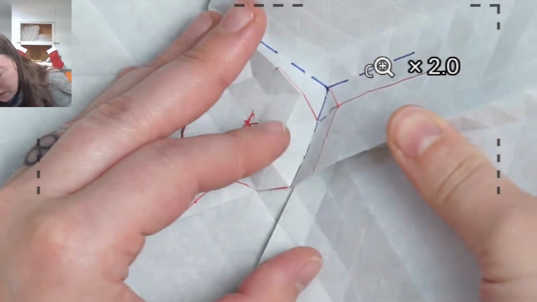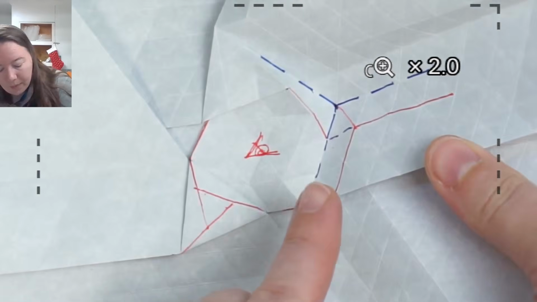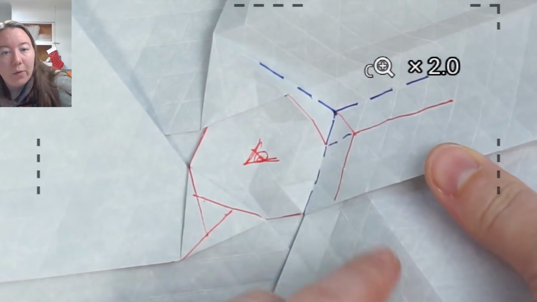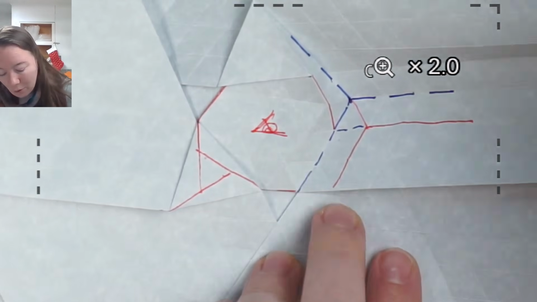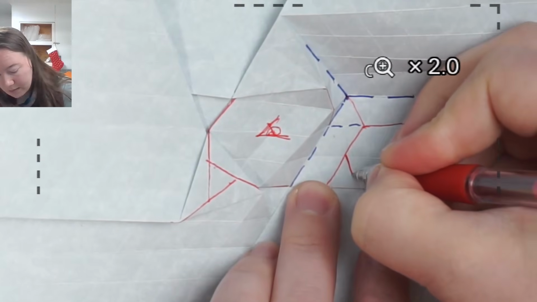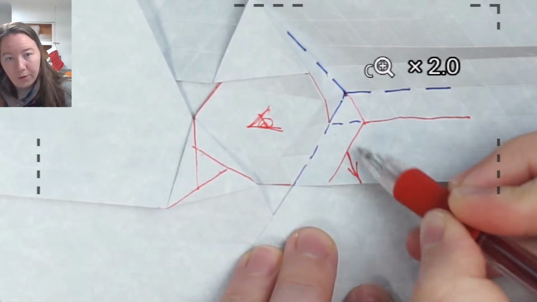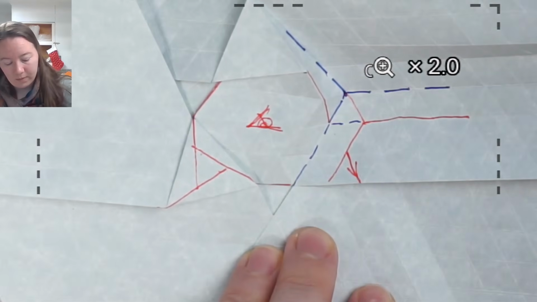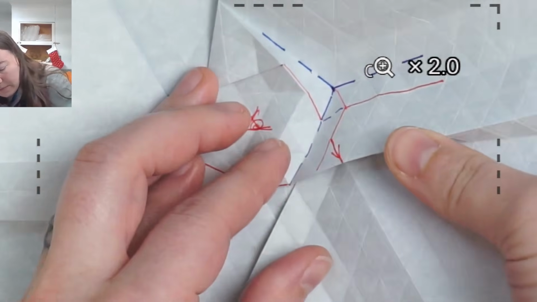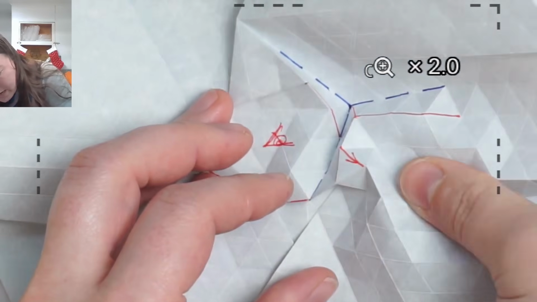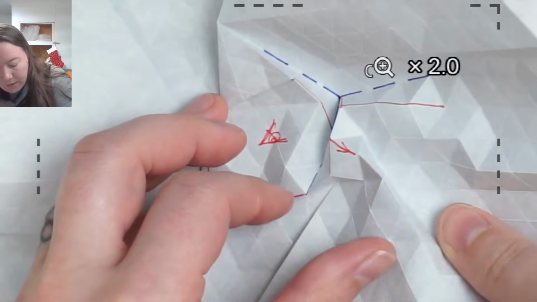So I can start setting that up, but before it's going to lay flat, I'm also going to need a third mountain fold around my twist. So this is going to be an open triangle twist. I can go ahead and set up the open triangle.